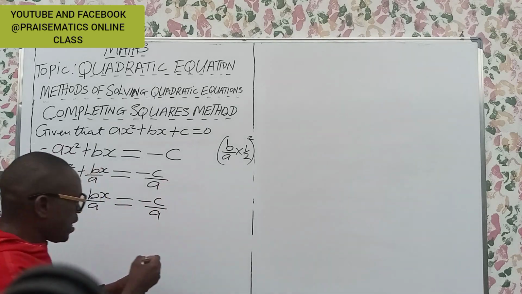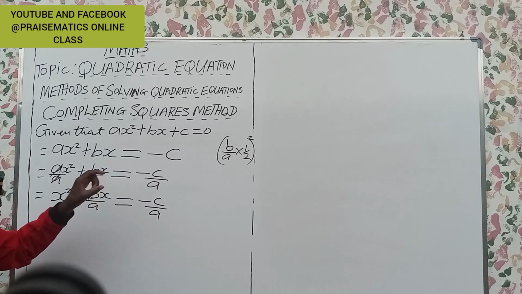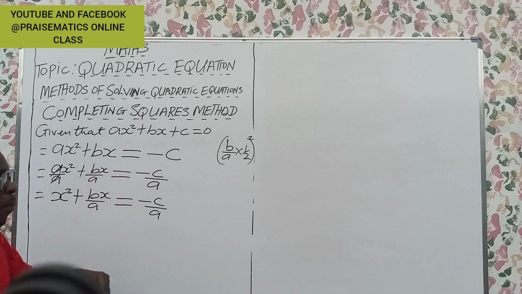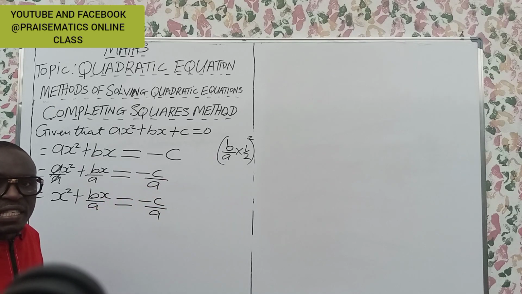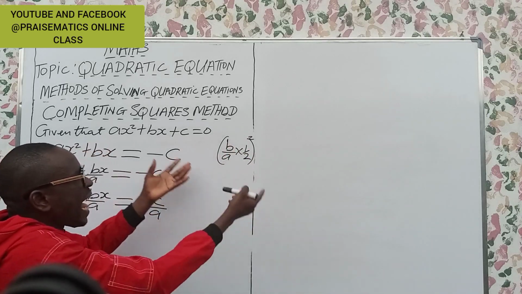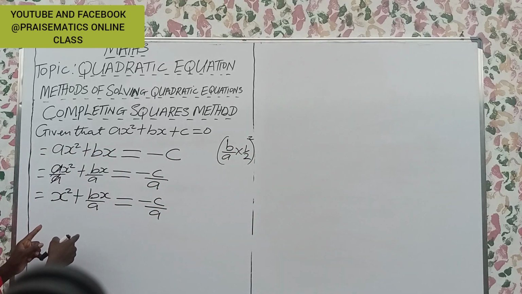So, step 3: bring out the coefficient of x, which is b over a, multiply it by 1 over 2, or half the coefficient of x. Square the result, and add the result to both sides of the equation.